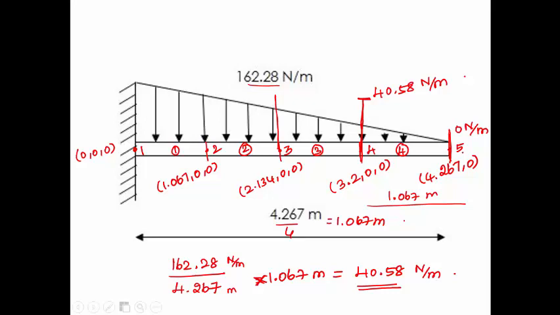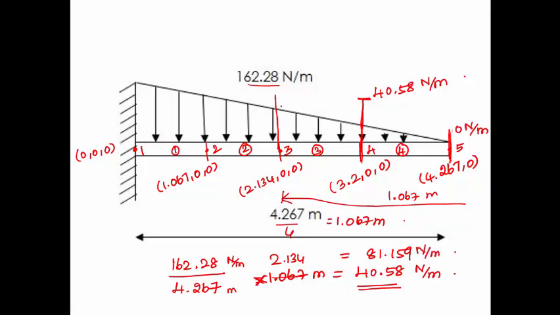Similarly, at the second nodal position from the fixed end, here we have noted this node as node number 3. So from the rightmost end, that is from the 0th position, the distance is totally 2.134 meter. So for 2.134 meter, if we calculate the variation in the load, then the result will be 81.159 Newton per meter.